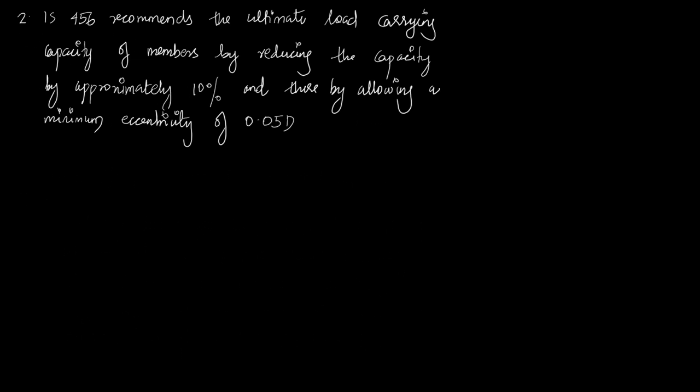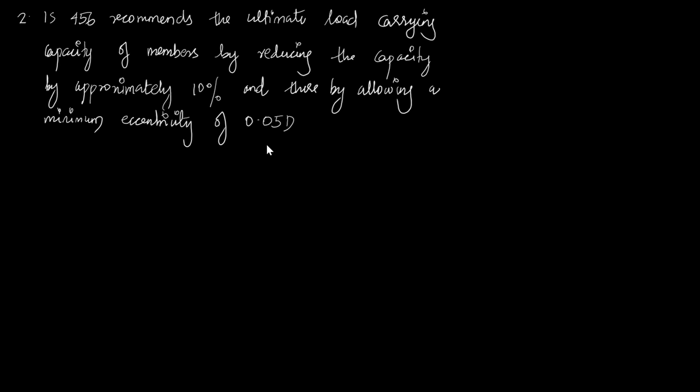Now, the IS code recommends the ultimate load carrying capacity of members by reducing the capacity by approximately 10% and thereby allowing a minimum eccentricity of 0.05 D. I told you the code tells you to use a minimum eccentricity, where e minimum is given by L by 500 plus B by 30.